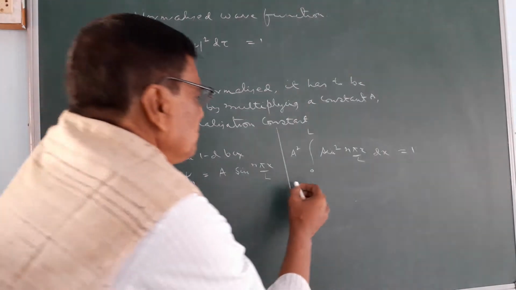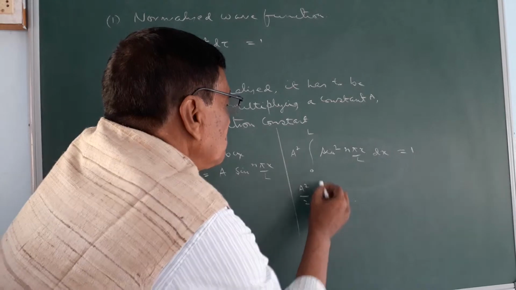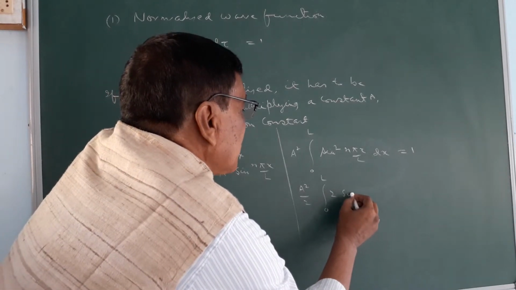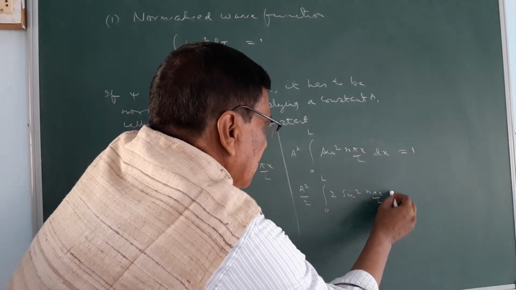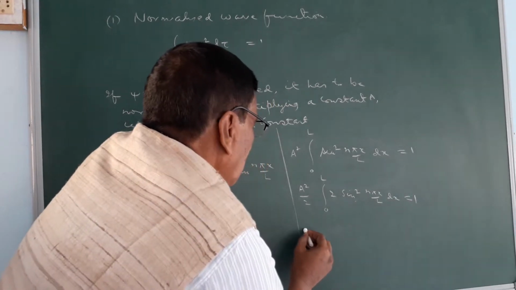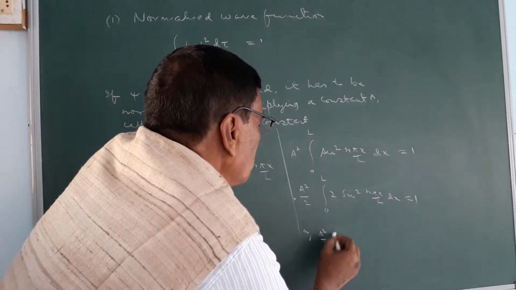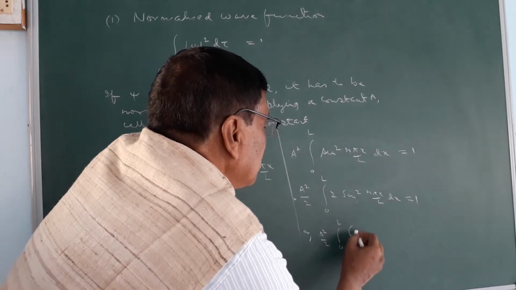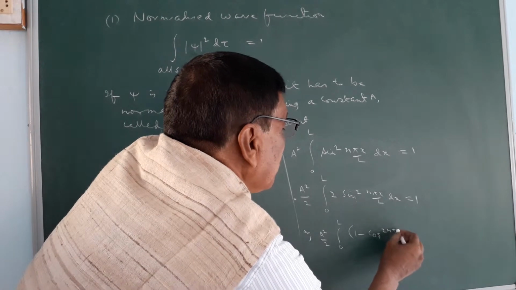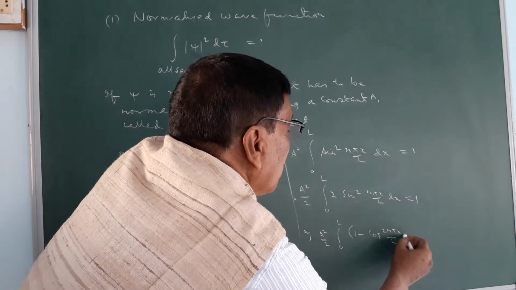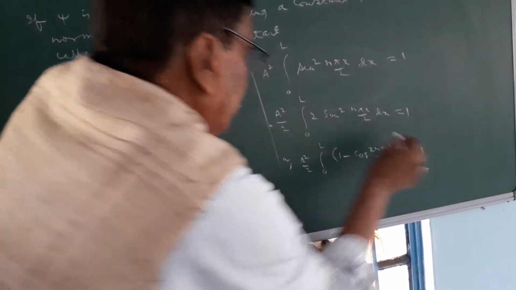If we do these calculations, we get A squared by 2 times the integral from 0 to L of twice sine squared n pi x by L dx equal to 1, or A squared by 2 times the integral from 0 to L of 1 minus cos 2 n pi x by L dx equal to 1.